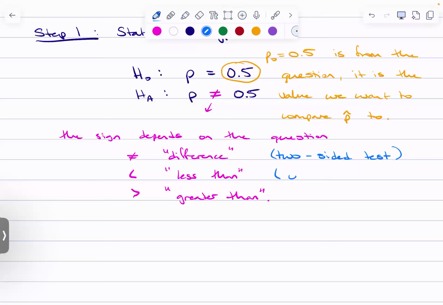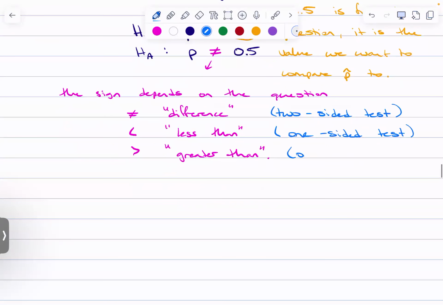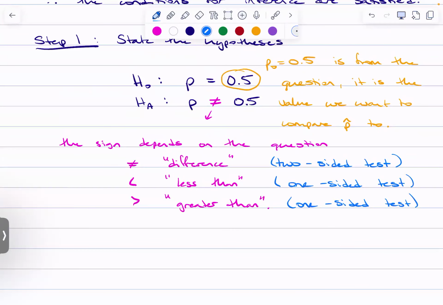Whereas these two are called one-sided tests because I only care about one extreme. I highlight that here because we'll need that when we find the area under the curve later, right? Which area am I interested in? But for now, we've established our null and alternative hypotheses.